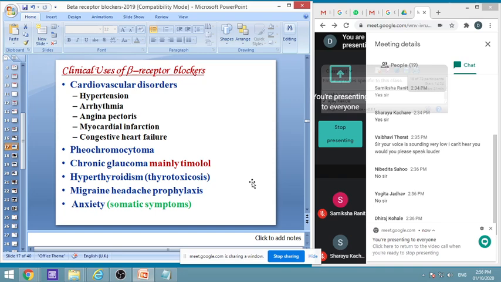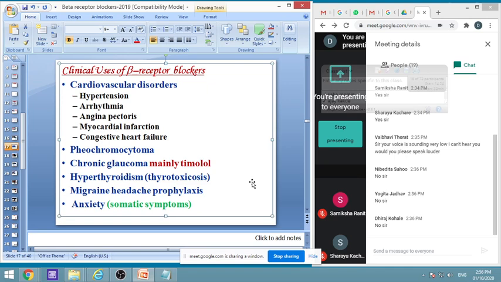Because of the increase in thyroid activity, T3, T4, or thyroxine and triiodothyronine, if these are more, it causes sort of receptor upregulation, or an increase in receptor sensitivity. So it will show more sympathetic activity. To control this, along with the thyroid drug, we have to give this drug which will block the thyroid effects. In migraine headache, we are using it as a prophylactic.